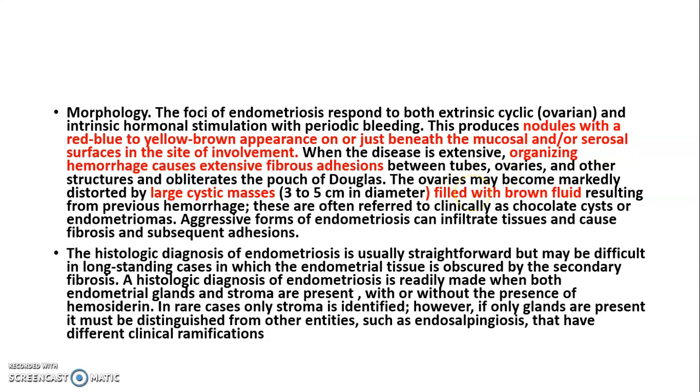Ovaries may become markedly distorted by large cystic masses filled with brown fluid resulting from hemorrhage. So, if the ovary is involved, means endometriosis is present in the ovaries, then due to regular bleeding, the ovary may be enlarged, forming large cystic masses containing hemorrhage.